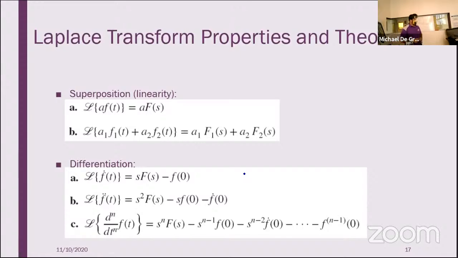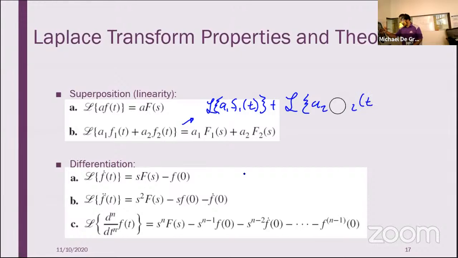This next one is a nice one too. If I take the Laplace transform of a1 times some function f1 of t plus another constant a2 times f2 of t, this is the same as taking the Laplace transform of each of these individually: L of a1 f1 of t plus L of a2 f2 of t.